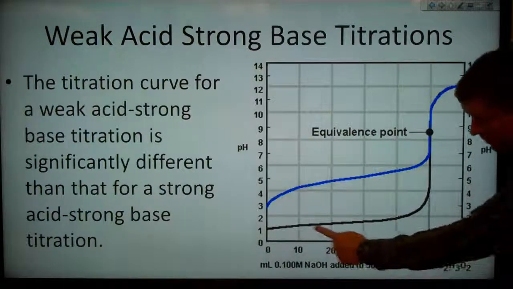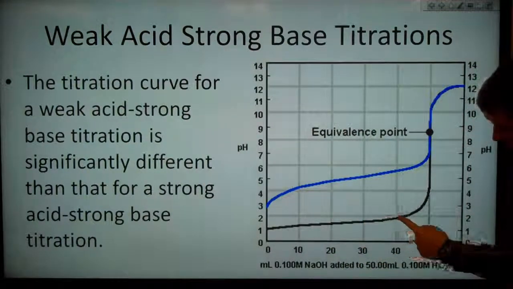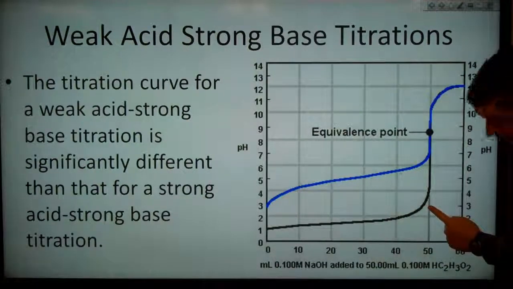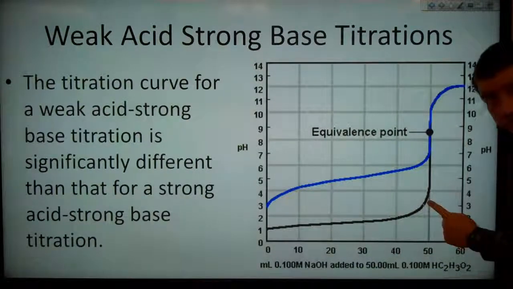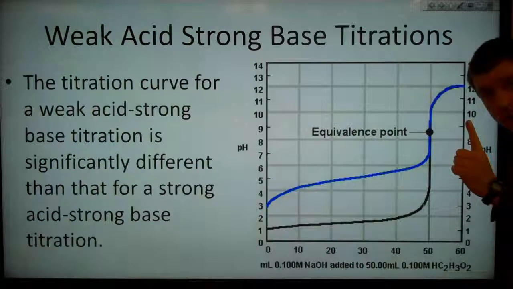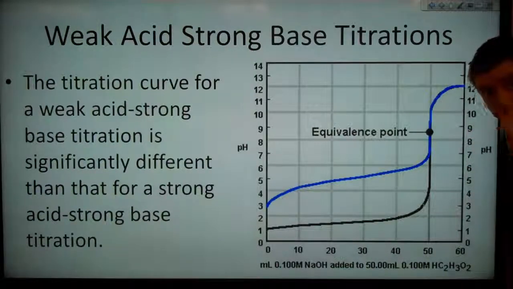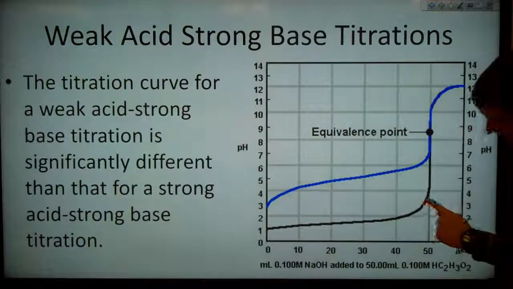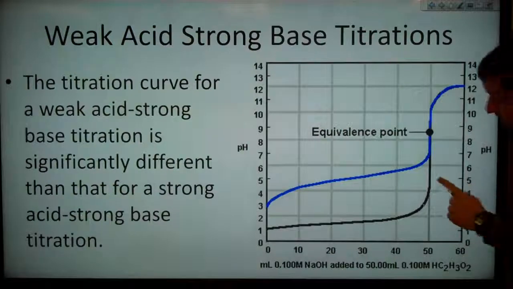Now at this point we've started to react. We've reacted away almost all of the strong acid. There's not much hydrogen ion left, but every time we react a hydrogen ion, we're not making any more, because all of our strong acid has already dissociated. And that means that now, as we add the base, we go up.